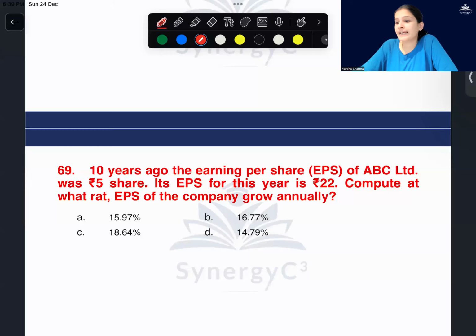Which one? A is giving you 22.000. So A. Basic question of present value, future value, just some fancy word. Starts with rupees 5, becomes 22. The company is growing. In 10 years, what will be the rate? That's it.